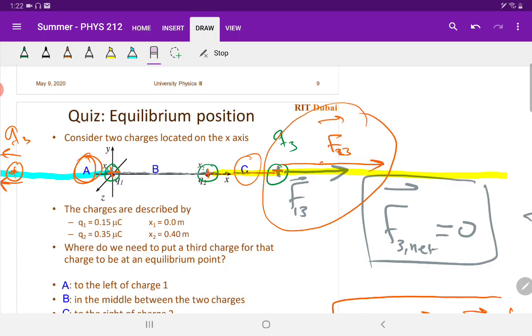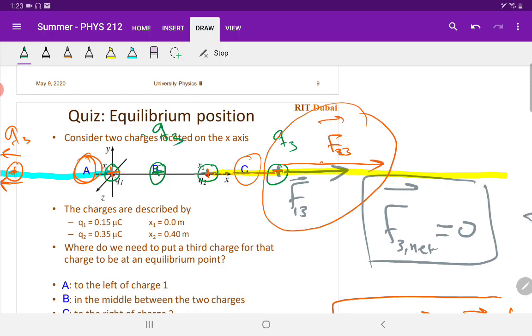Now let's see. What if I make this test again somewhere in between? Let's assume that I place Q3 somewhere here, and again assume that Q3 is positive. Let's place Q3 in the region between.